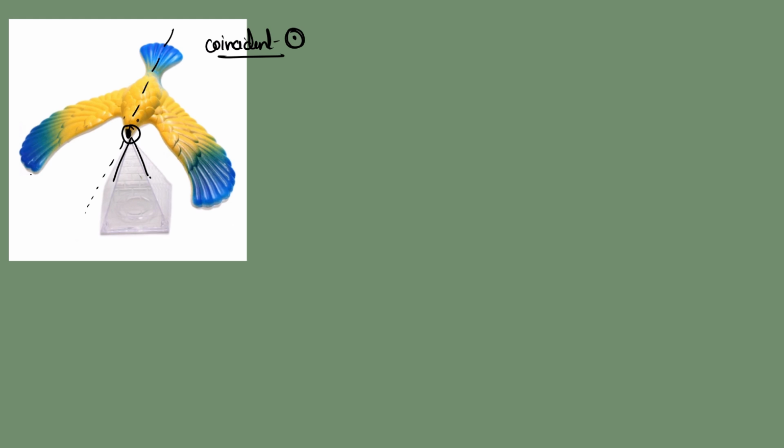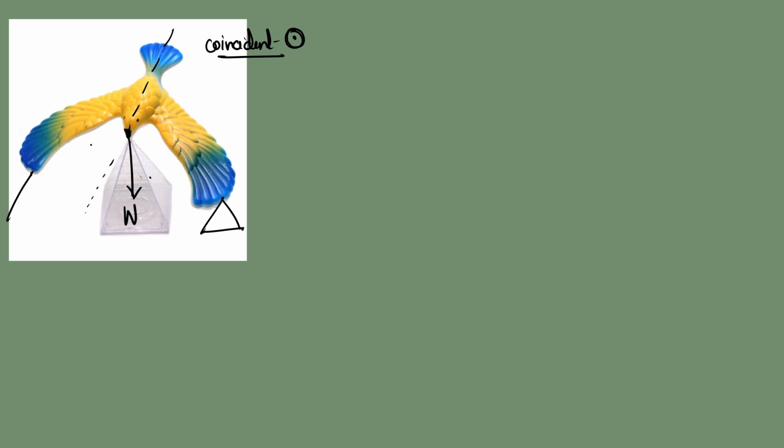But now, if I shift the pivot somewhere over here, then the bird will topple clockwise. Why will it topple? This is the center of gravity, this is where the weight of the body will act from.